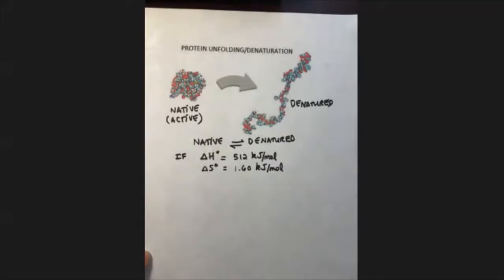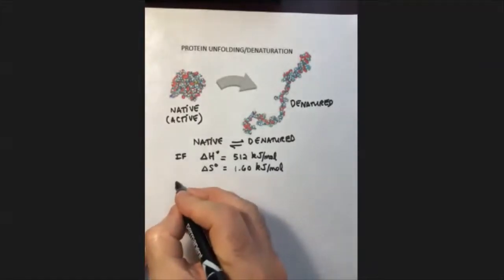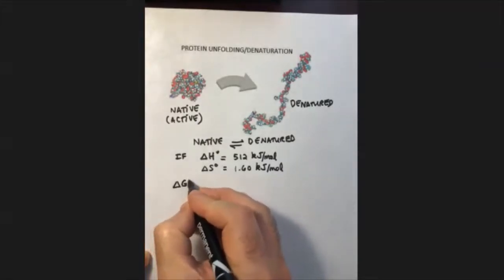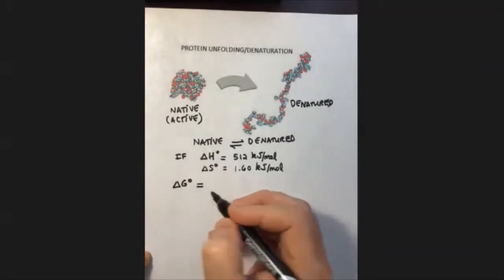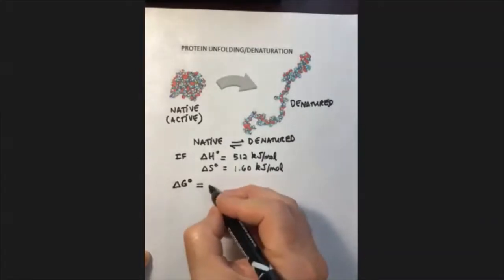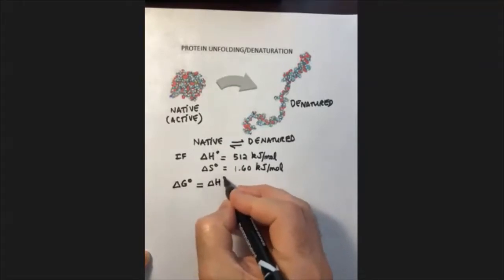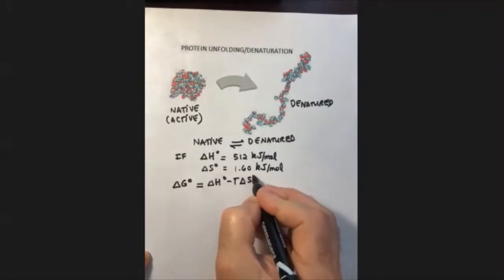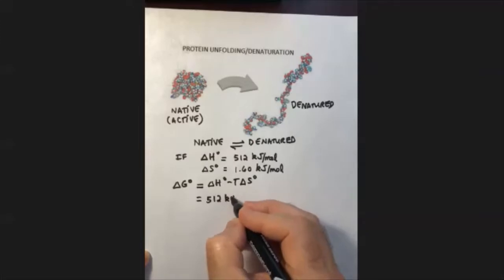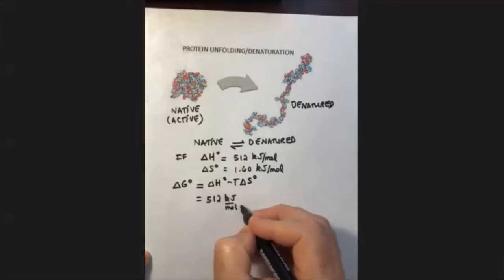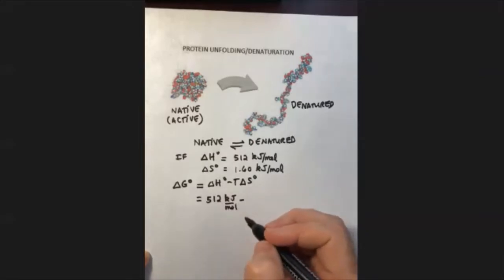Okay, now, what would be the free energy change for this process? And let's just consider it in the standard state. Let's not bother with other things. Well, remember the equation, right? Delta H minus T delta S. So that would be 512 kilojoules per mole minus the temperature.